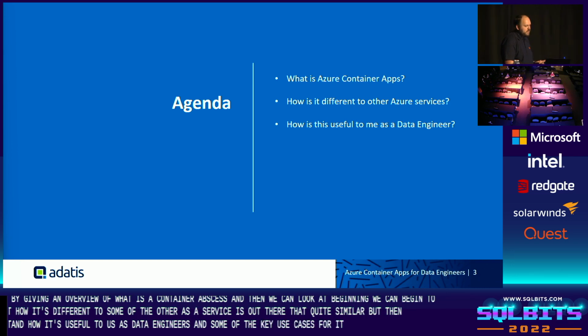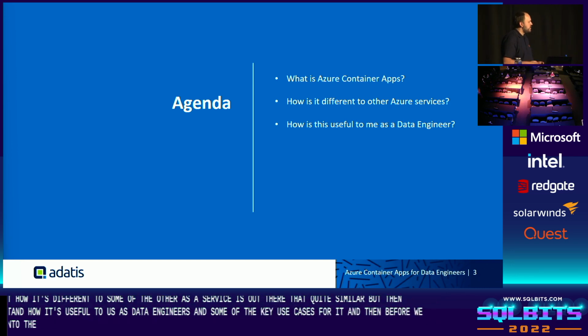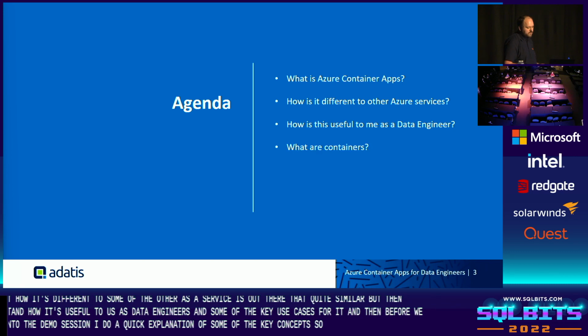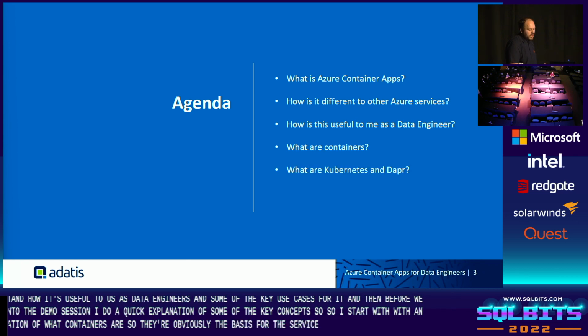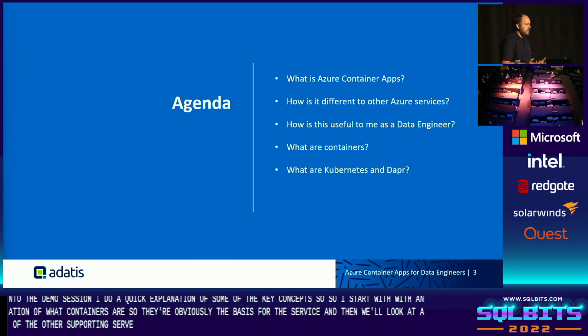And then before we dive into the demo session, I'll do a quick explanation of some of the key concepts. So we'll start with an explanation of what containers are. They're obviously the basis for the service. And then we'll look at a couple of the other supporting services that enable Azure Container Apps to do what it does, which are Kubernetes and Dapr.